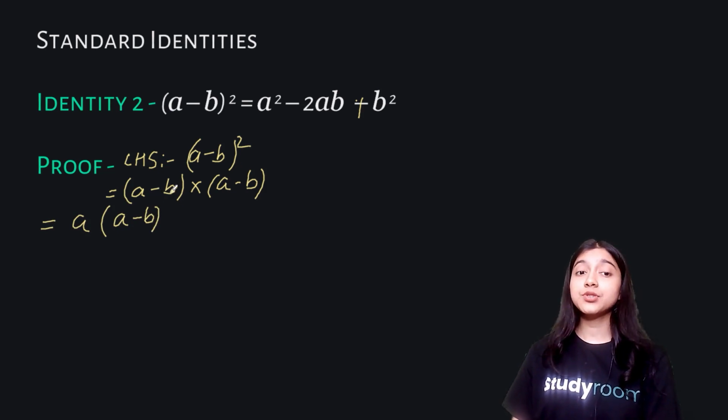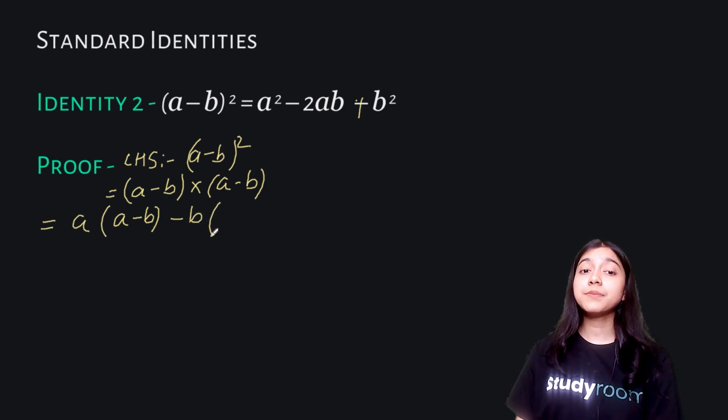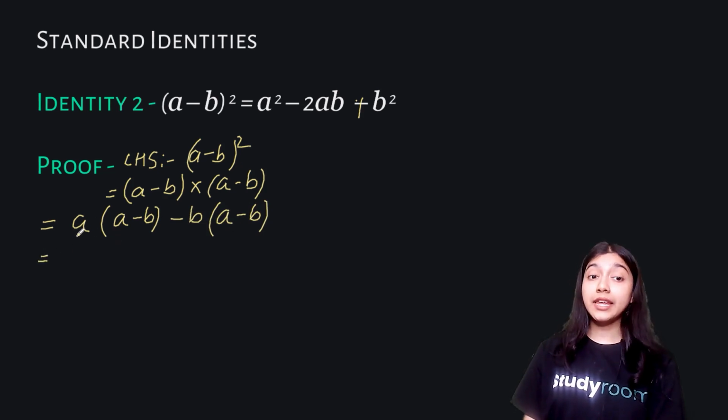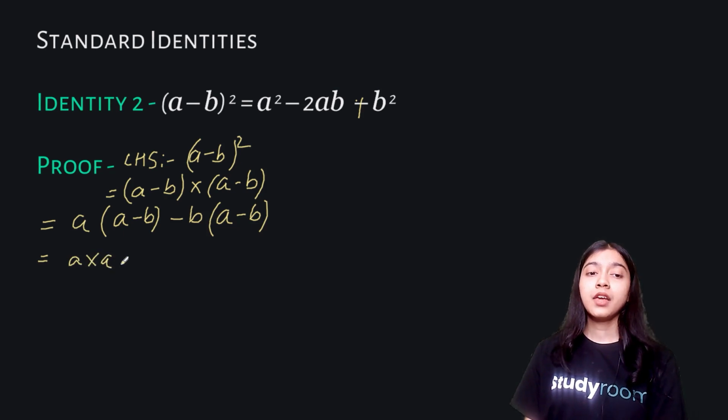Now the second step is to take the second term of the first binomial, that is minus b, and then I'll multiply it with the entire second binomial, that is (a minus b). Now, we have to multiply a with a and then a with minus b. So I'll write a multiplied with a and then I'll write plus a multiplied with minus b.